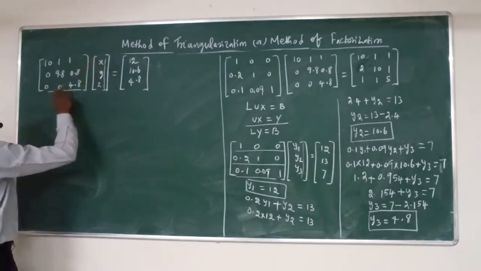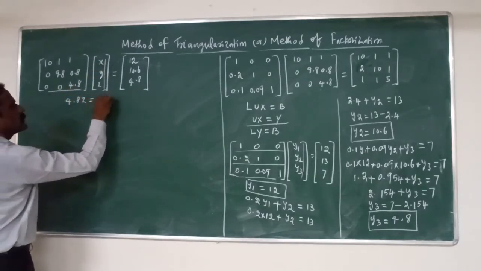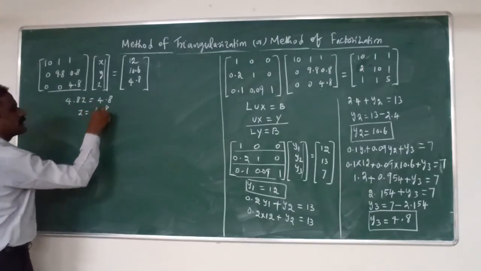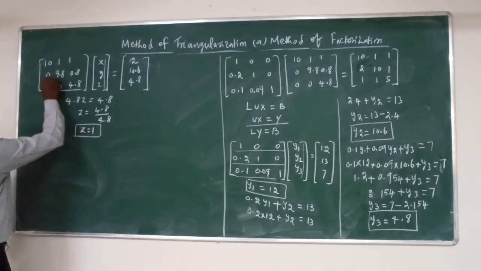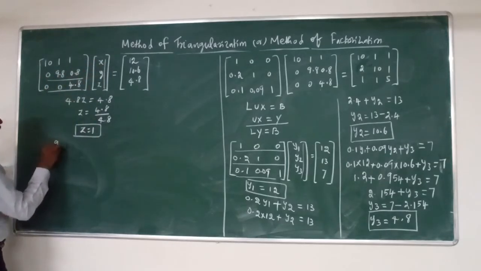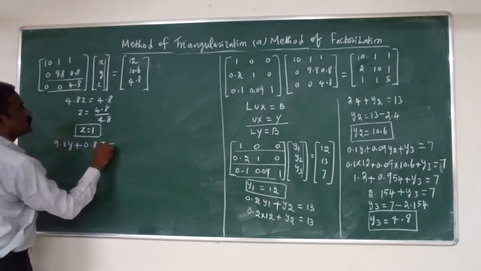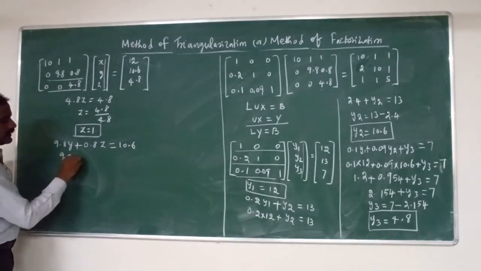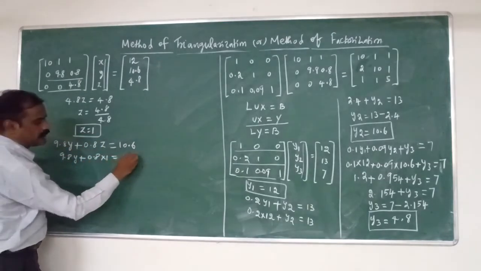First we take row 3 and the column. We multiply: this is for 0 and this is for 0, and here 4.8 z equal to 4.8. Now z equal to 4.8 divided by 4.8, we get the result 1. z equal to 1. Next, the second row: 0 x, 0 and 9.8y plus 0.8 z equal to 10.6. Here 9.8y plus 0.8 into the z value 1 equal to 10.6.